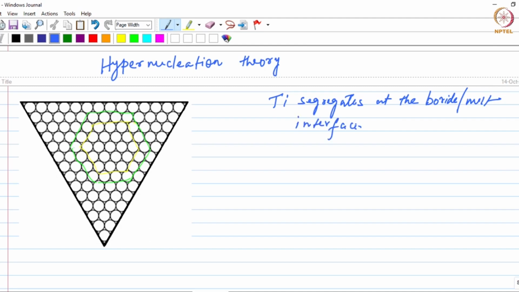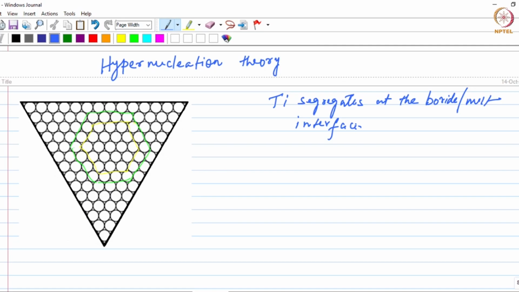So when you have these aluminium, titanium, boron ternary master alloys, you have Al3Ti aluminides as well as the boride particles, and titanium in that case would tend to segregate along this boride liquid metal interface.